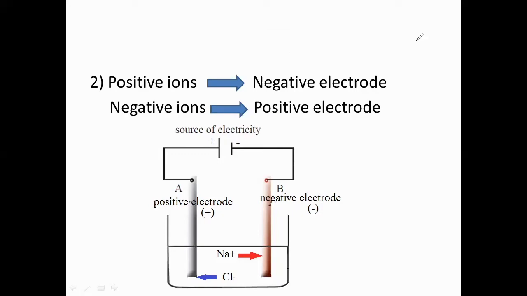Second convention, as you know, opposite charges attract each other. So positive ions in the solution are attracted towards the negative electrode, which has the negative charge. Likewise, the negative ions in the solution or liquid migrate toward the positive electrode.